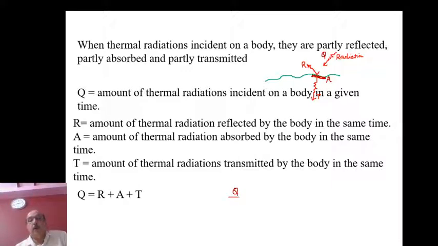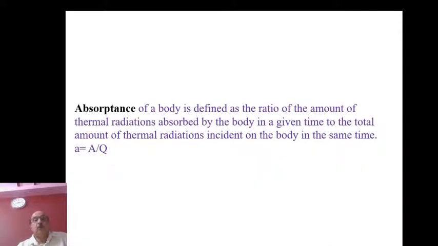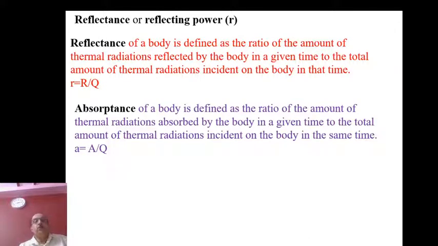We will get Q by Q is equal to R by Q plus A by Q plus T by Q. Now, first of all, we discuss the first part of Q by Q is equal to R by Q plus A by Q and plus T by Q.